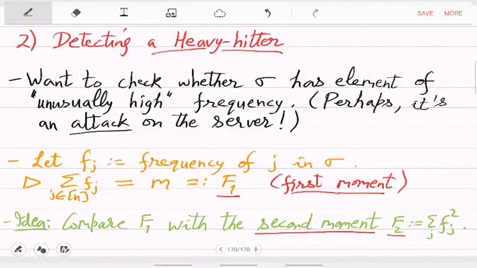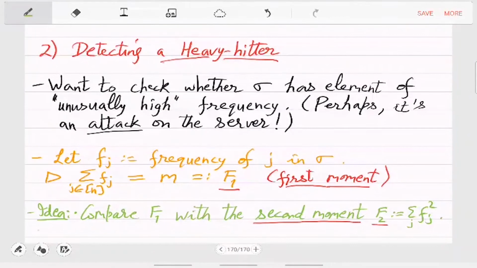So, heuristically, if f2 is, let us say, very close to f1 square, let us say 0.9 times f1 square, then it suggests that there is essentially one frequency which is very large compared to the others. Obviously, if there is only one kind of token, then f2 is f1 square, right. But if there are many tokens, then f2 cannot really be equal to f1 square, it will always be smaller.